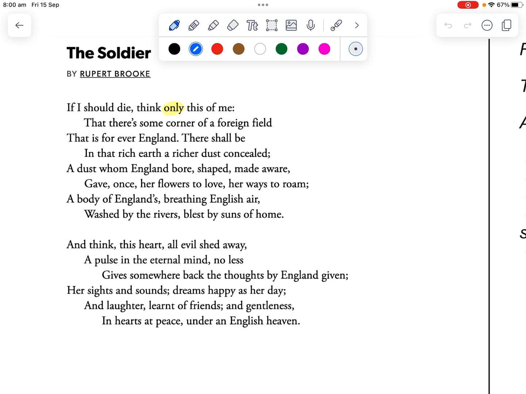And think, this heart all evil shed away, a pulse in the eternal mind, no less gives somewhere back the thoughts by England given, her sights and sounds, dreams happy as her day, and laughter learnt of friends, and gentleness, in hearts at peace under an English heaven.